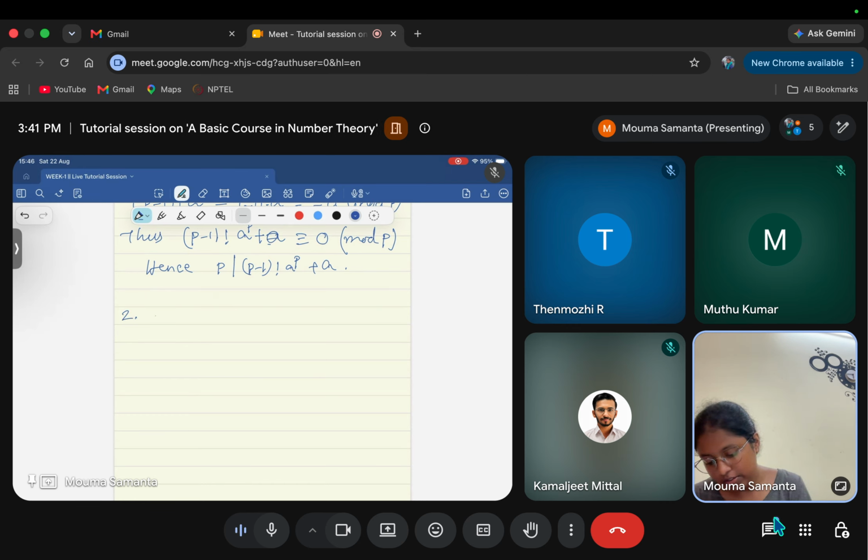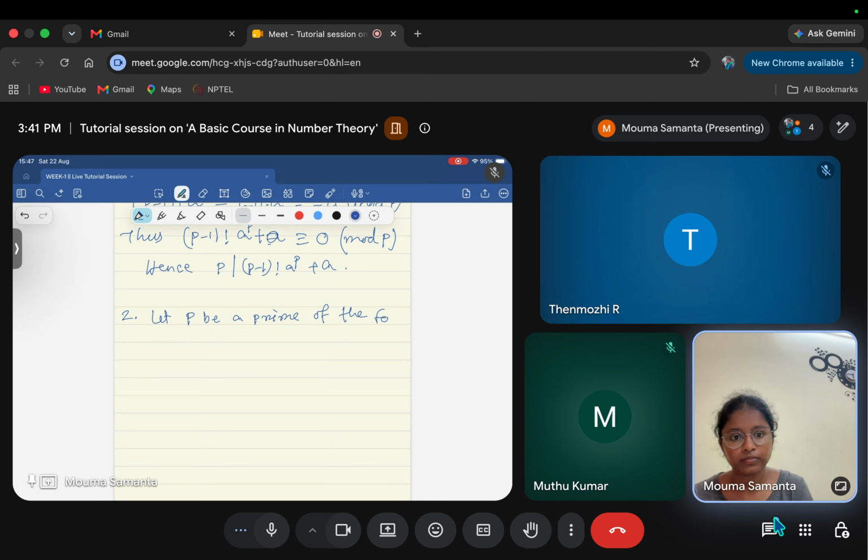So in this question it is given that let p be a prime of the form p equals 4k plus 3.